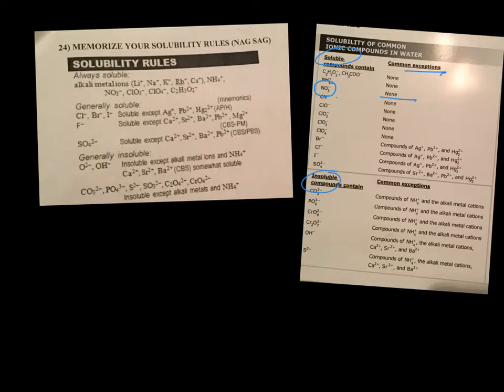Then for the insoluble, you would say carbonates are insoluble, as in they form a precipitate, right? So 2 liquids come together and you get a solid at the end. Carbonates are insoluble unless they are joined with ammonium or any of the alkali metals, or group 1. That's group 1. So this was the way that you used to use the chart.